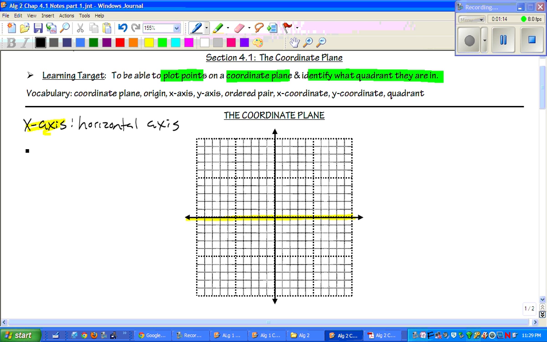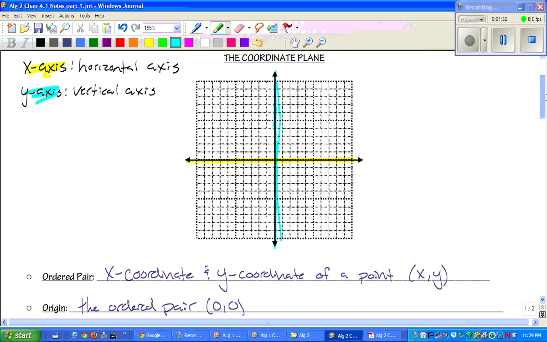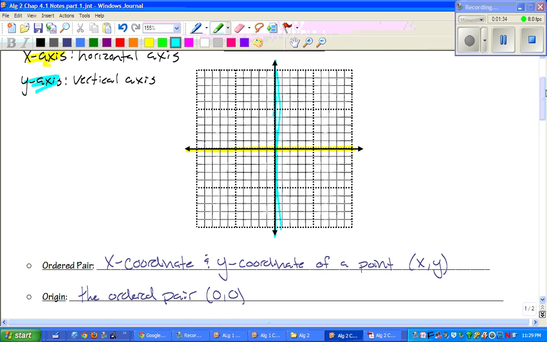The next one we're going to talk about is the y-axis. And the y-axis is the vertical axis. That's the one that's going up and down. Now, the next two things we need to know are an ordered pair.